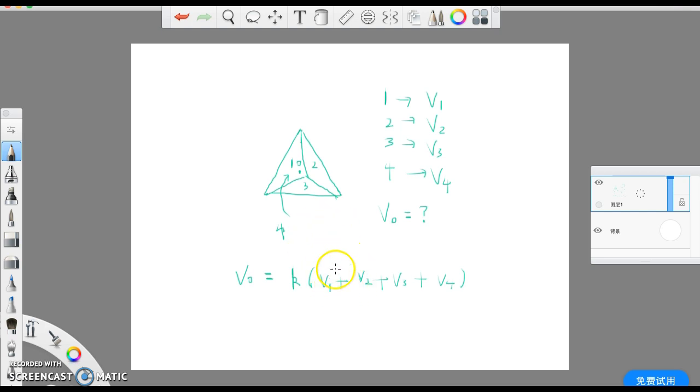Imagine if you replace one of the plus by a minus, say V1 minus V2 plus V3 plus V4, then what's special about the second surface? No one knows, and in fact there's nothing special about it.